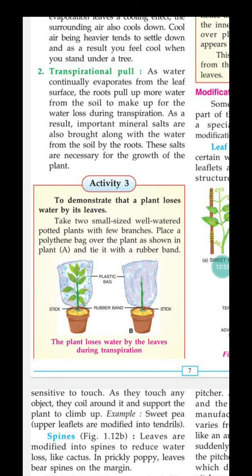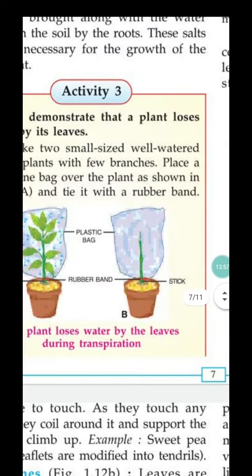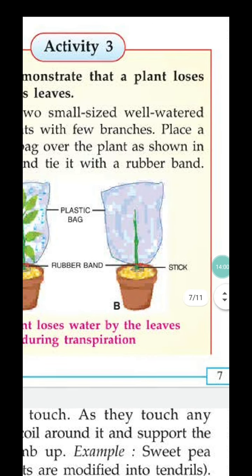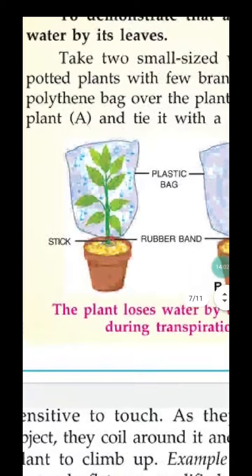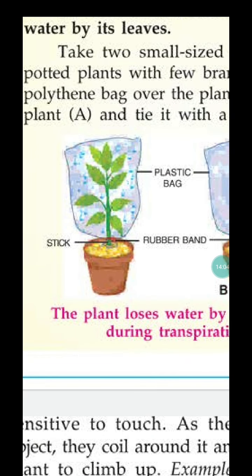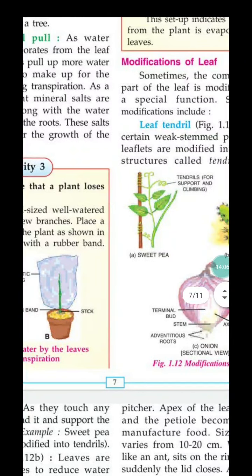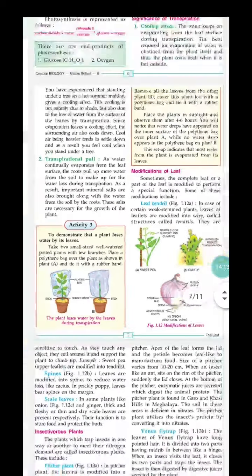On the other polythene cover, you can't observe any water droplets. See here, in pot B, no water droplets are there, whereas in pot A, you can observe water droplets. So by this experiment, we can prove that plants release water through the process of transpiration.